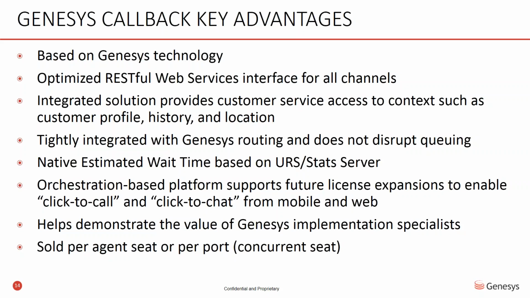How many seconds have they been waiting? How many minutes have they been waiting? How many other callers are there? Again, we can see that within Pulse or the other reporting tools, right? And when we actually have a callback that's being made, I can even have another virtual queue for reporting purposes that breaks that out and says, how long was that customer ringing before it got to an agent?